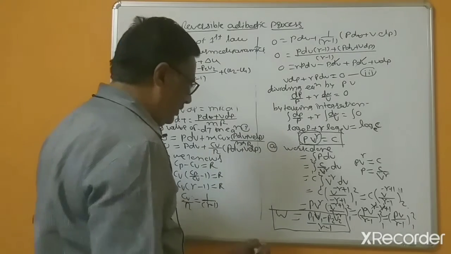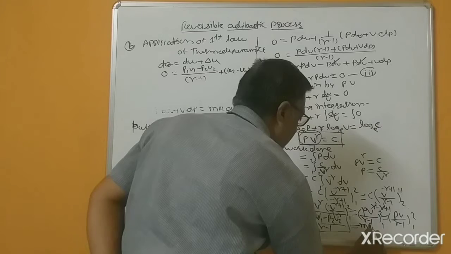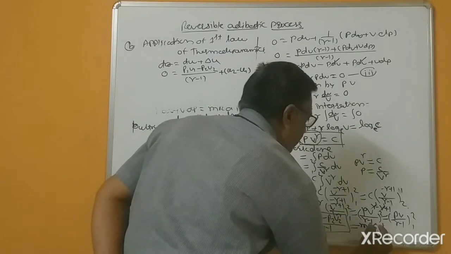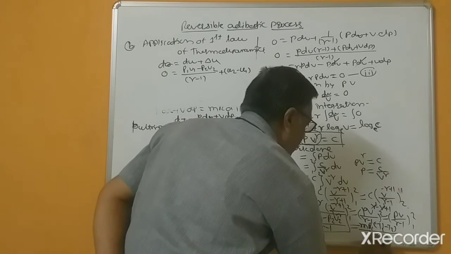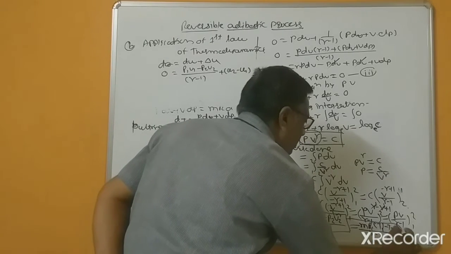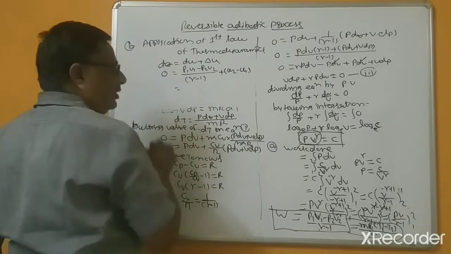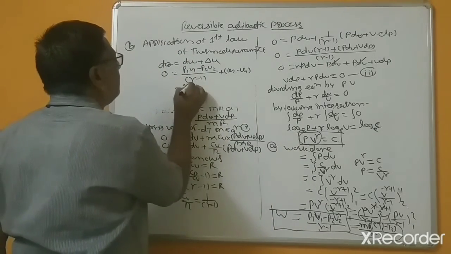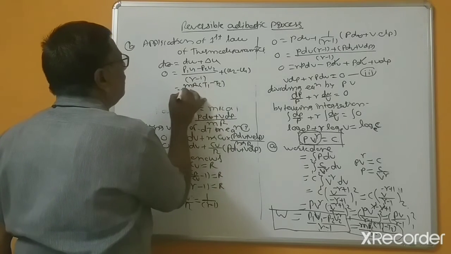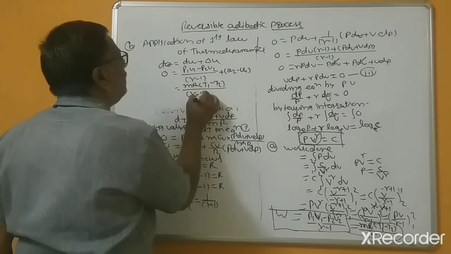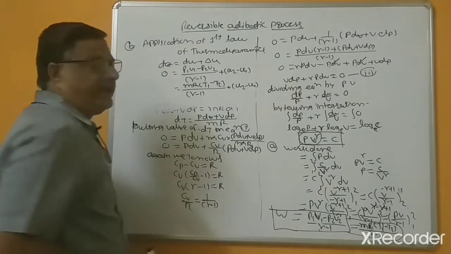Right, the same equation we can also write, this is mR and this is V1, so T1 minus T2 divided by gamma minus 1, and this is also an equation. So here I can put mR (T1 minus T2) divided by gamma minus 1, and this is U2 minus U1.